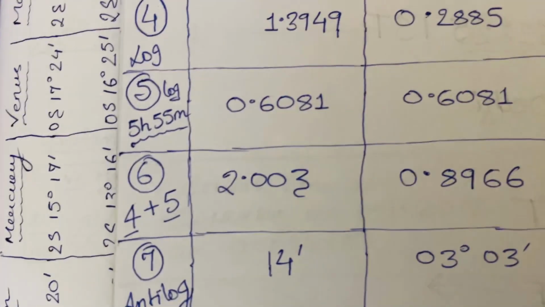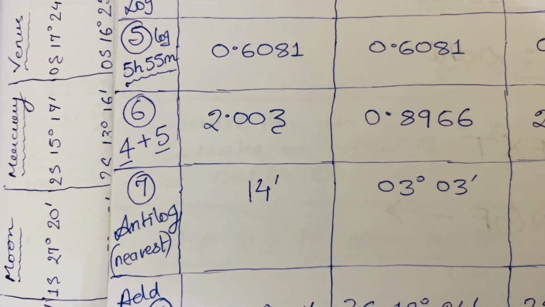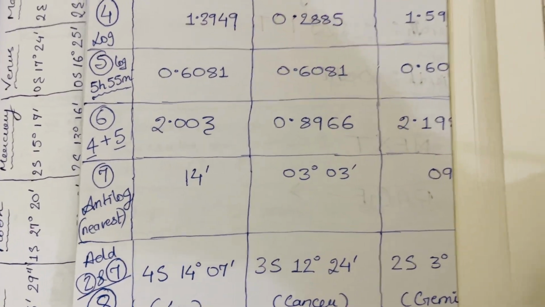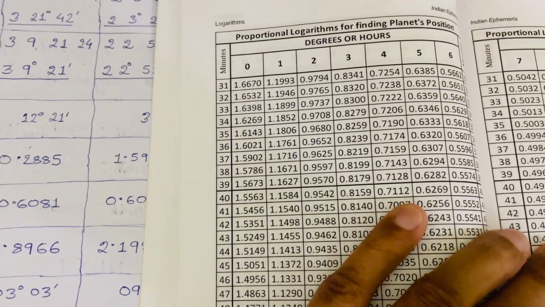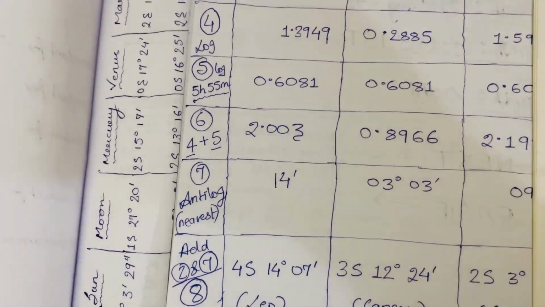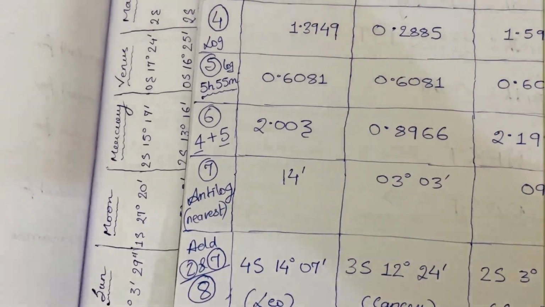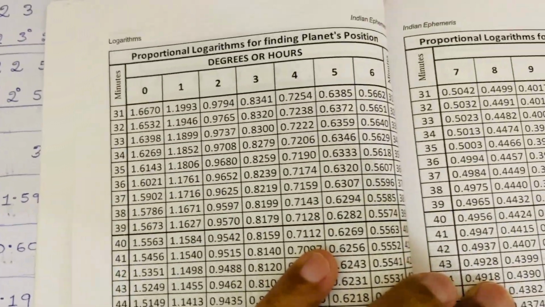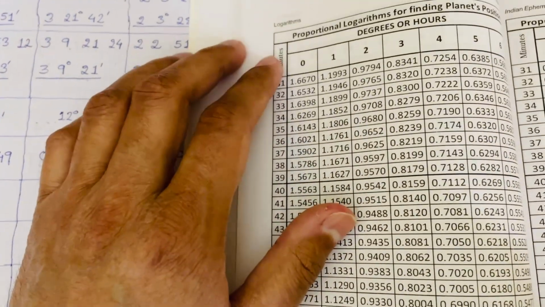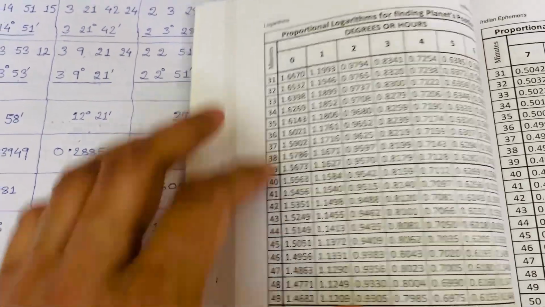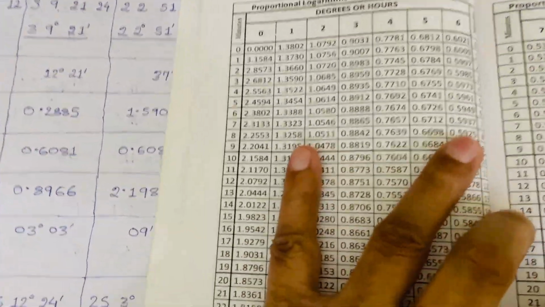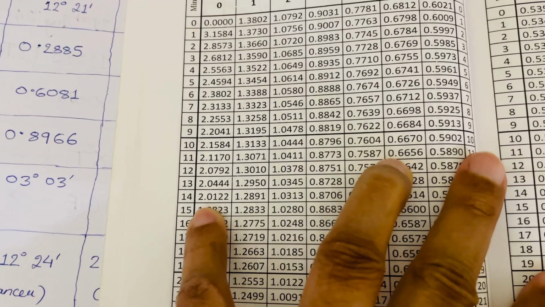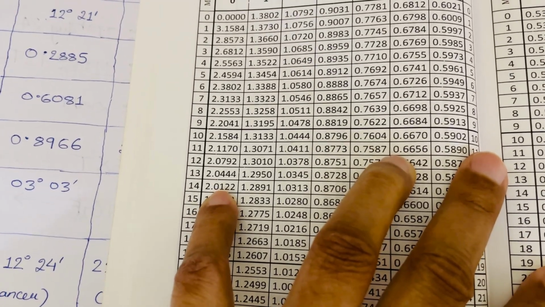We need to find the antilog of 2.003. That means which particular value, in degrees and minutes, corresponds very accurately, or approximately nearly, to 2.003, which we find from this book. For 2.003, see, in 0 degrees and 14 minutes we have the value of 2.0122.